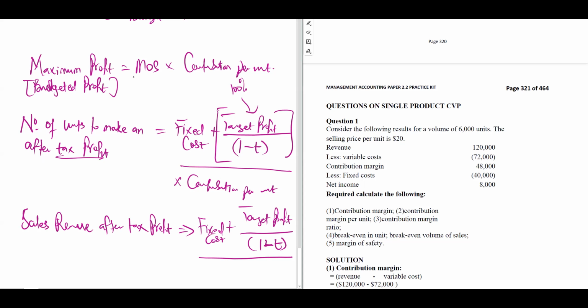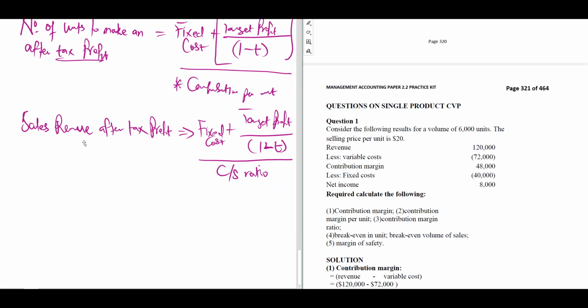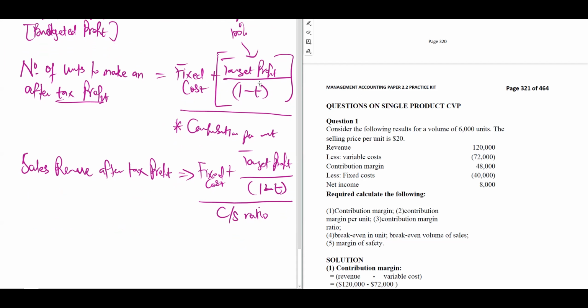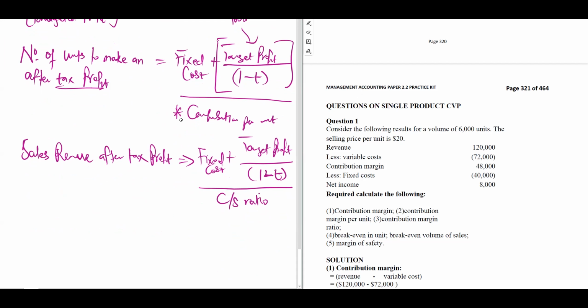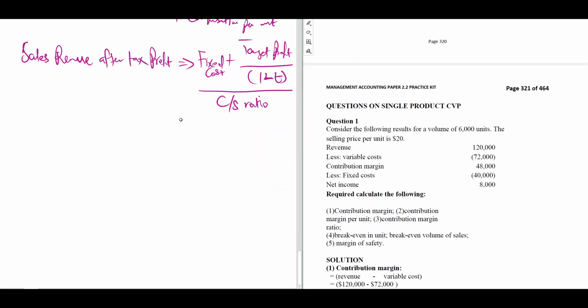Are we going to divide by contribution per unit or CS ratio? Yes, sir, CS ratio. Remember, I told you that anytime you are looking for sales revenue, you just divide by the CS ratio. That is the rule, right? Okay. So put this one down. When you go after tax, I'm giving you all the necessary formulas you can expect.